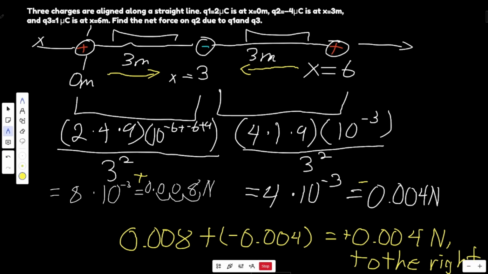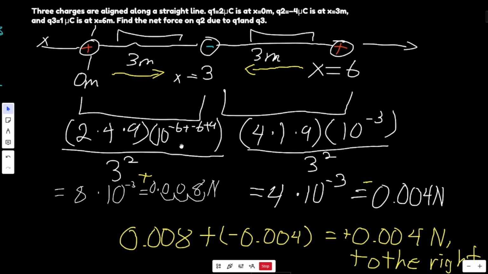So to recap, basically we use Coulomb's law to determine the force experienced by Q2 on both sides. And once we have both sides, we simply add them with regards to their direction, or basically wherever they're supposed to be going. And once we figure out the directions and we add them together, the final sign is what we interpret to find the direction.